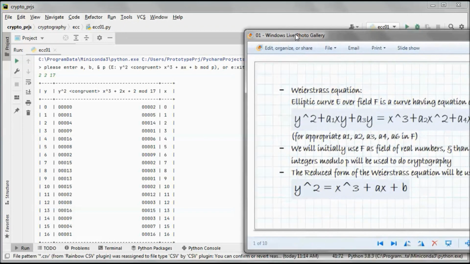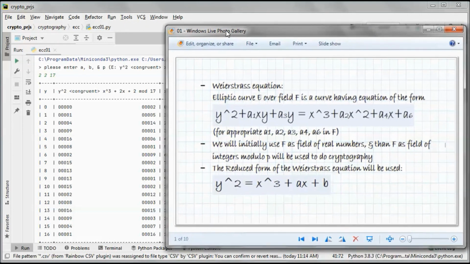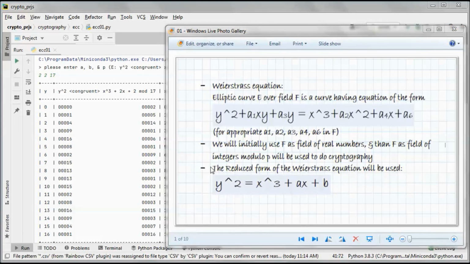Now, before proceeding with the code, let's do a quick introduction. So this is the Weierstrass equation of elliptic curve E over field F, and we will be using this reduced form of that equation.